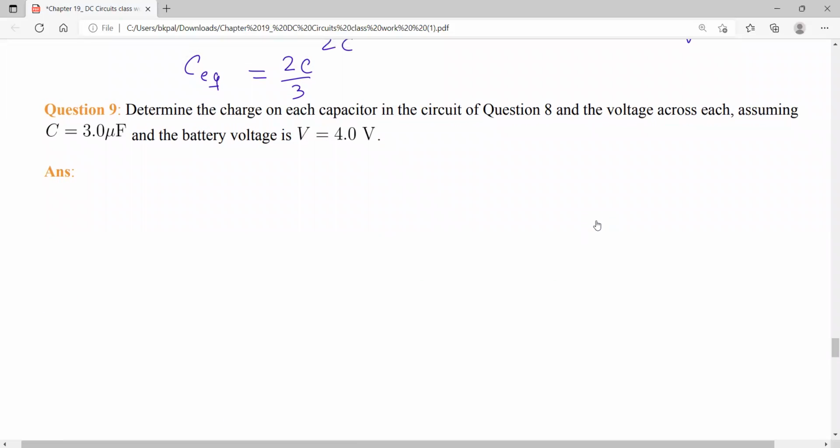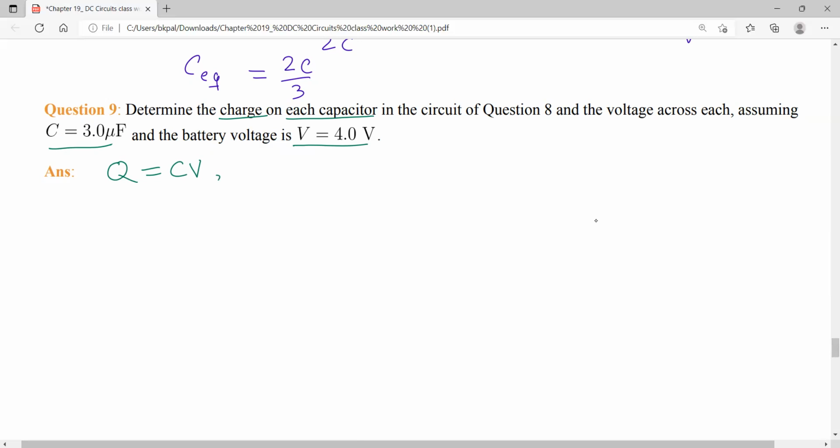Now we have to use the same circuit as question 8, but this time we have to determine the charge on each capacitor. Assume that the capacitance is 3 microfarad and the voltage is 4 volt. Remember that Q equals CV, so that equation we may need.